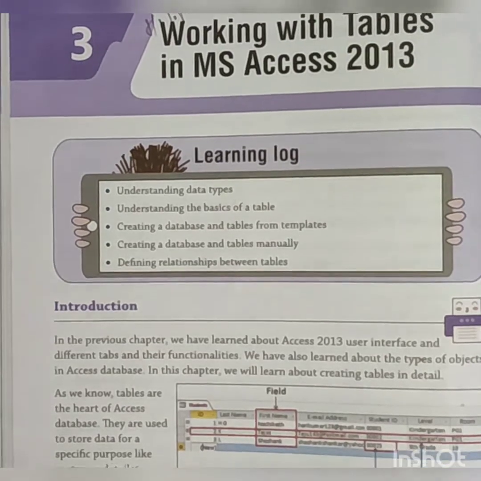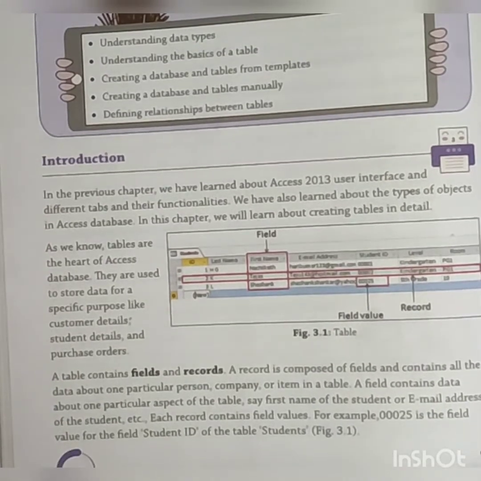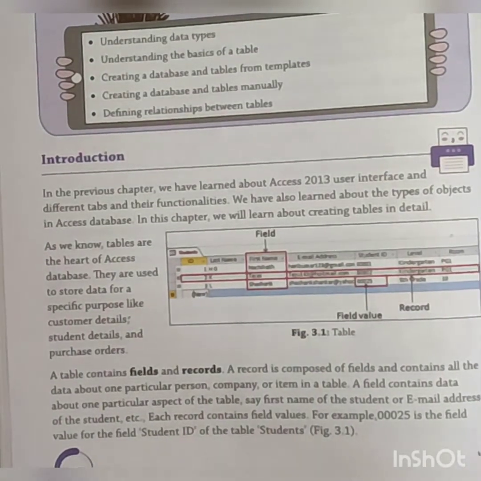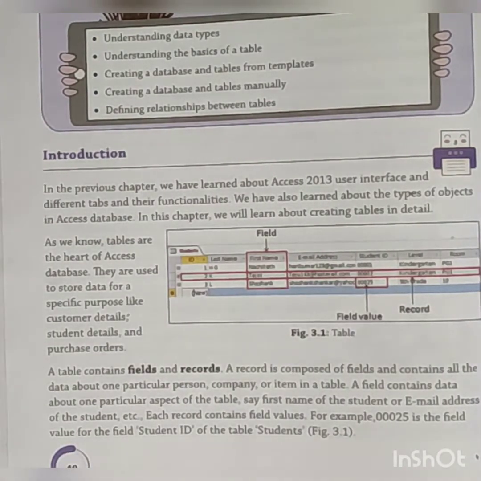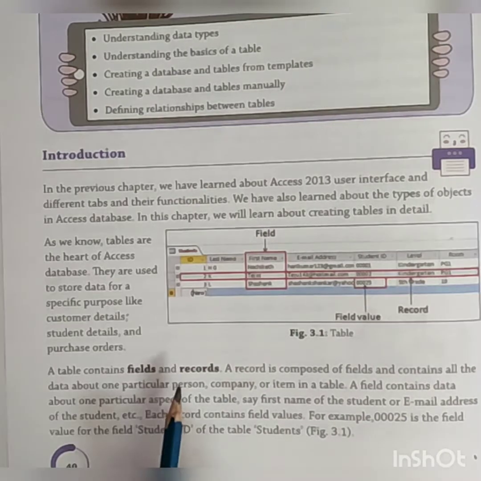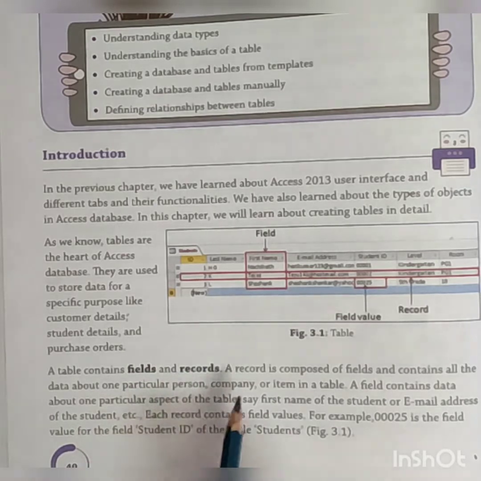Before I discuss the chapter, first you need to know what a table is. A table is a combination of rows and columns, as you already know, and a table contains data. A table contains fields and records.